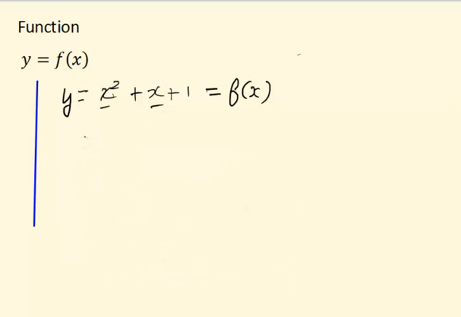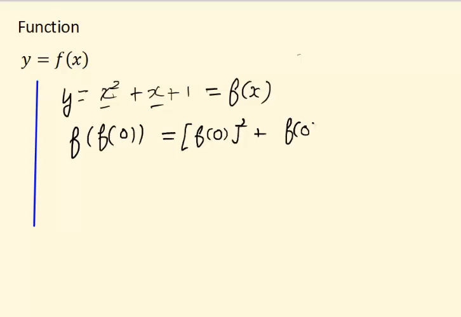Let's try to explore another evaluation of this function, and it is said that find f of f of 0. What does it mean? It means that in place of x you substitute f of 0, then you will write f of 0 whole square plus f of 0 for this x and then plus 1.